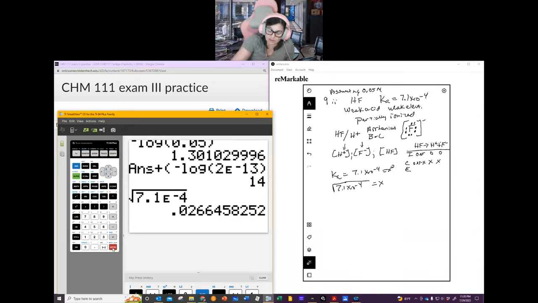And of course, x is then 0.026. And it's actually only 1 sig fig, so it should be 0.03. That's my H plus.